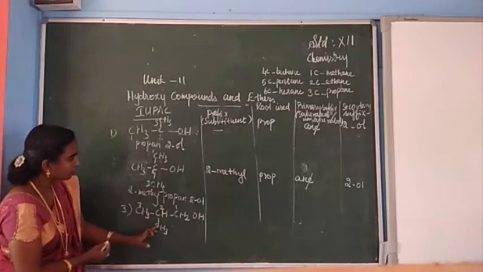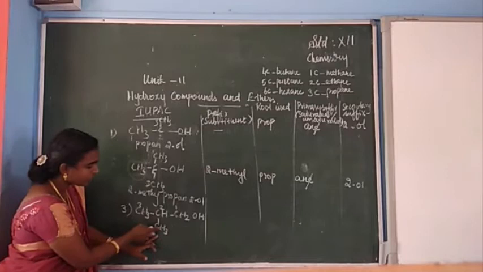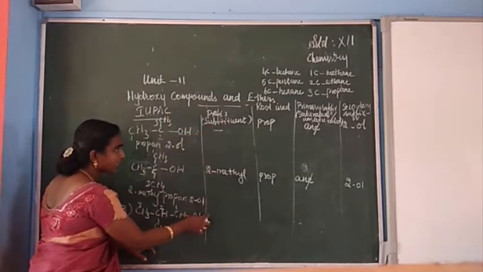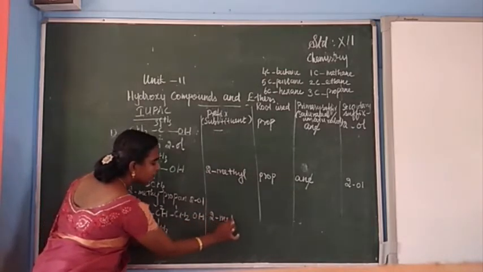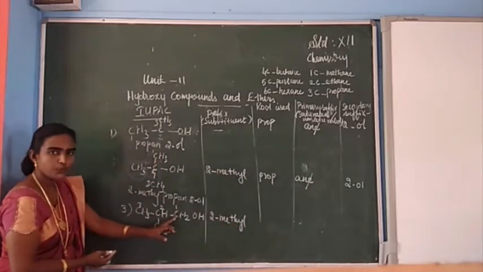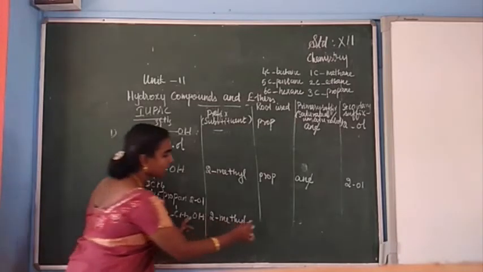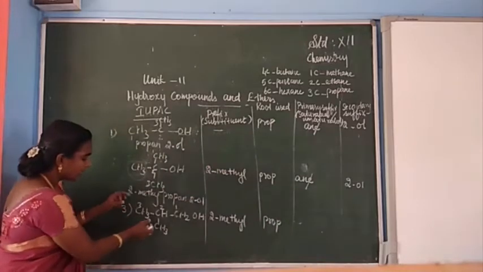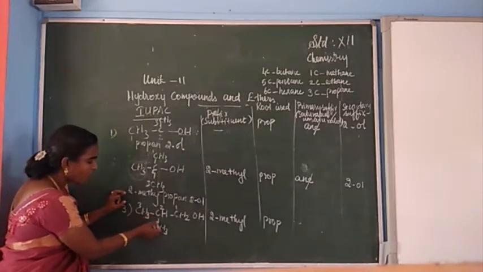Here also, in second position, one substituent is there. So this substituent with position we have to take as a prefix. That is 2-methyl. Next, root word: 1, 2, 3 carbons. If it is 3 carbons, it is prop. Next, saturated or unsaturated? Saturated.